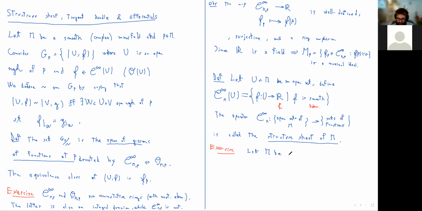So if M is a complex compact manifold, then its structure sheaf, if you evaluate it on the open set M, so everything, is just C. And this is equivalent to saying that all holomorphic functions are constant.